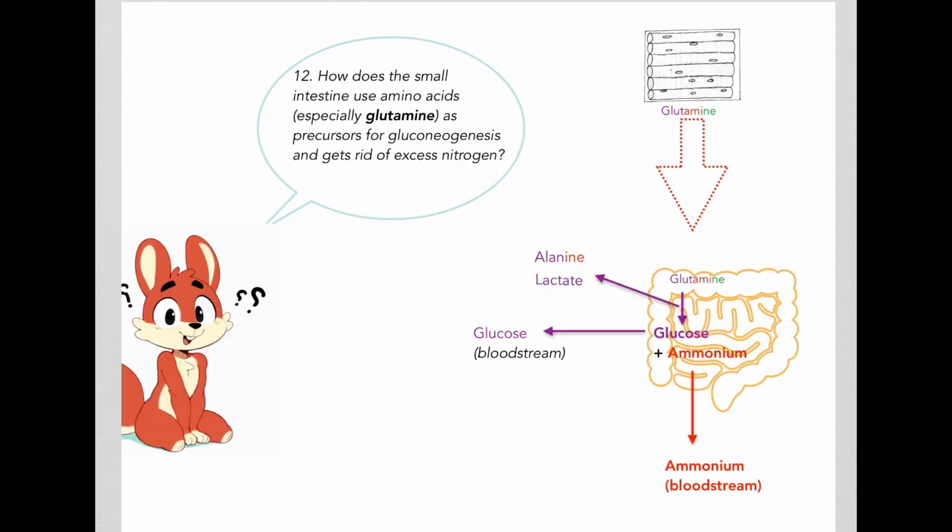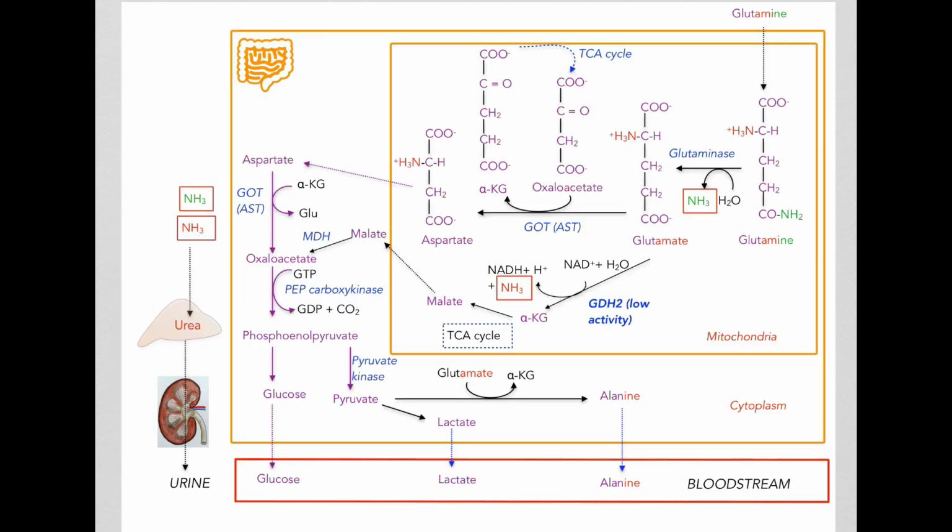Now let's see how the small intestine uses amino acids, especially glutamine, to make glucose via gluconeogenesis. But besides glucose, it also generates alanine as well as lactate, and the nitrogen comes out as ammonium. So how does this happen?